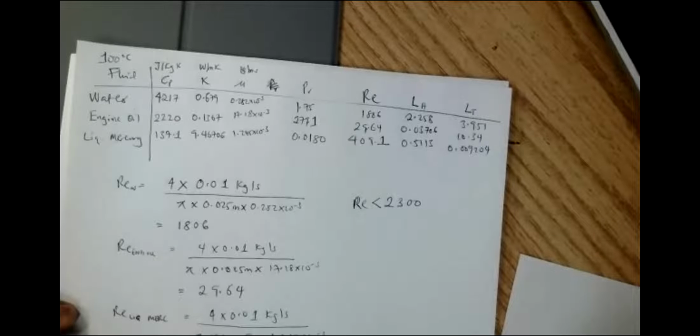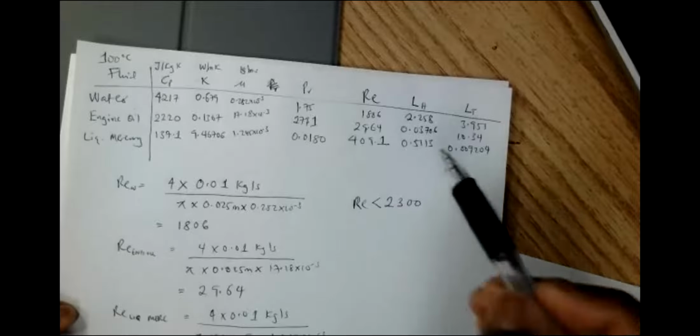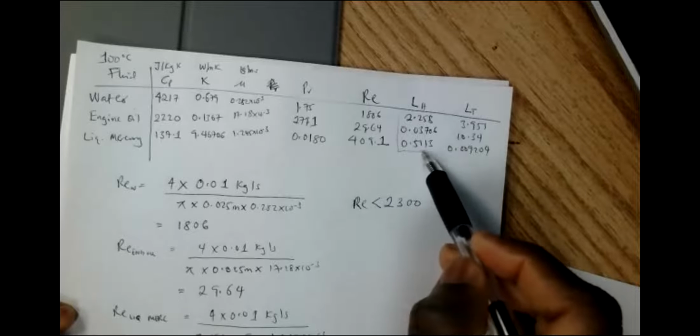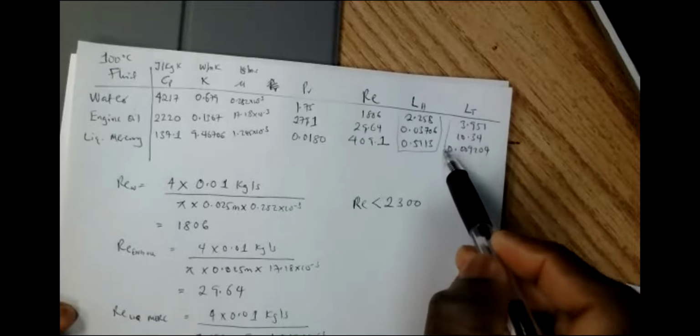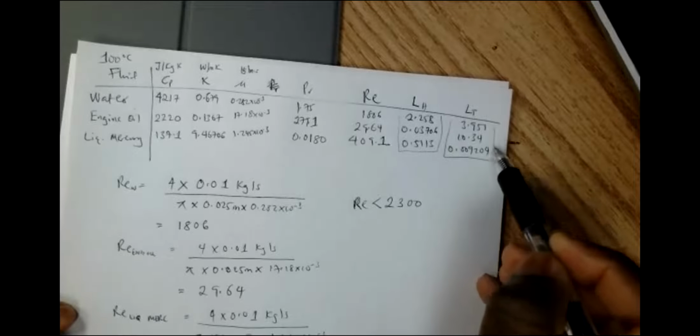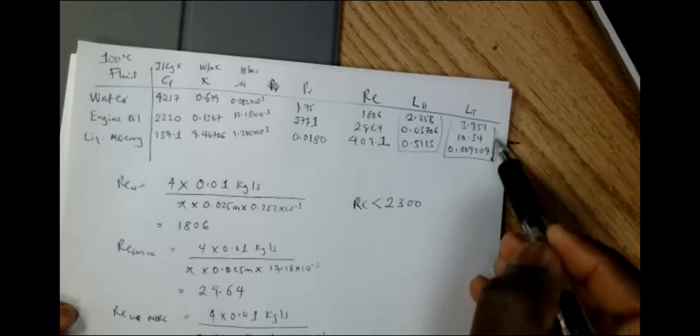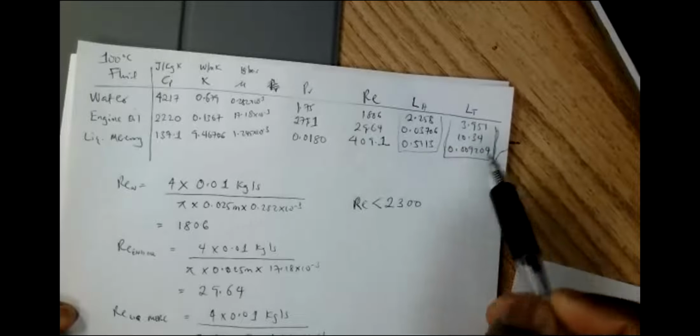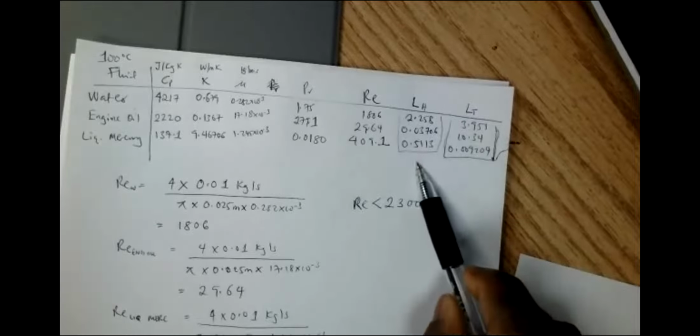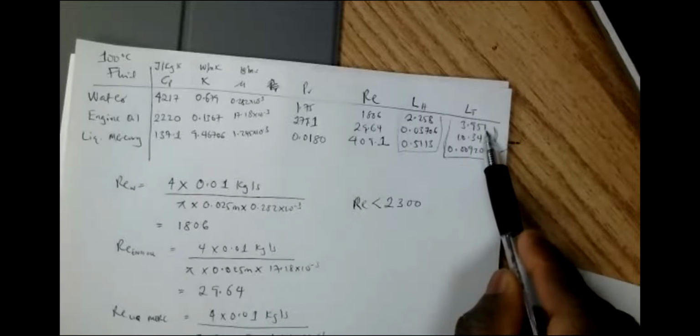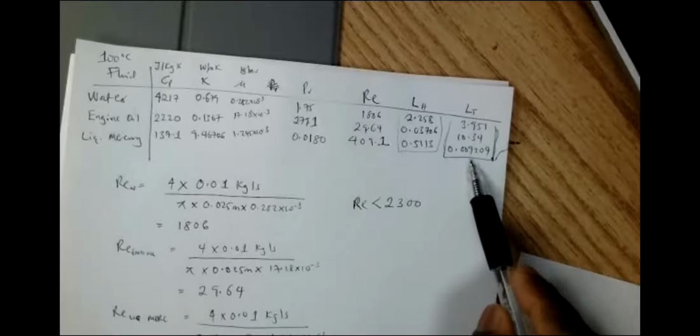Okay, and also if you look at the entry length for our three fluids, both hydrodynamically and thermally, they are all going to fully develop inside the tube because they are all less than 15 meters in length.